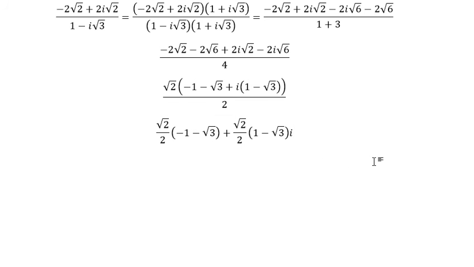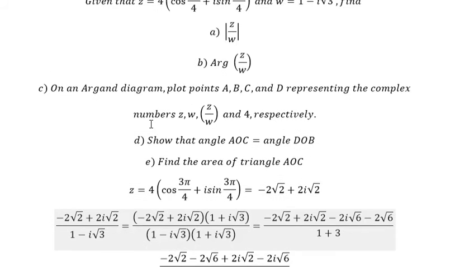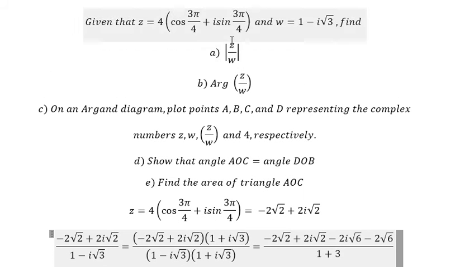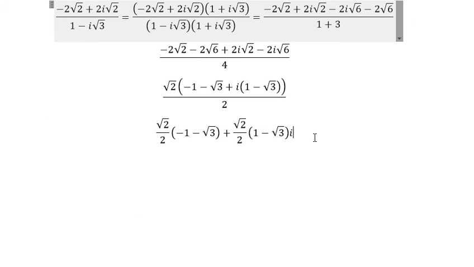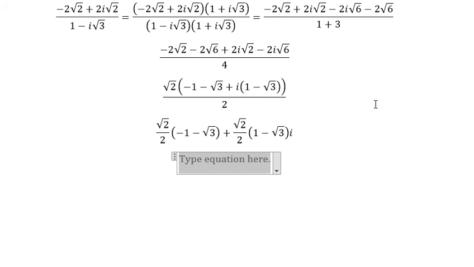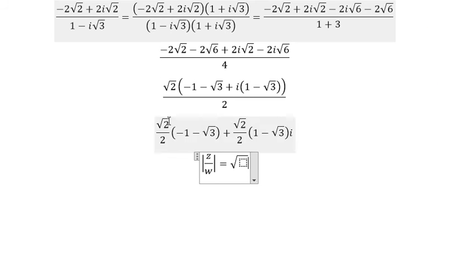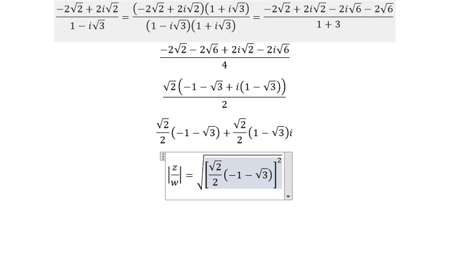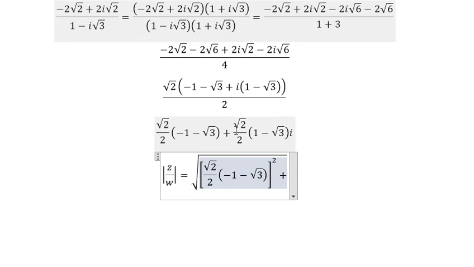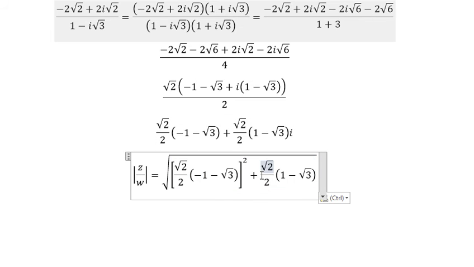So now we have just finished z over w. Now we put in the absolute value. So you will get equal to the square root of this one with the square, and this one with the square too.